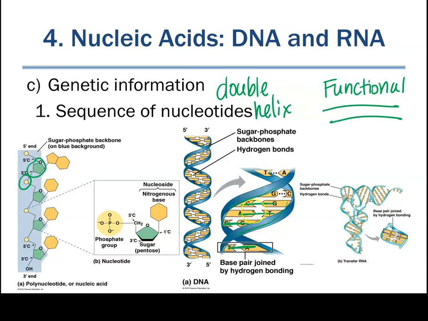So the nucleotides kind of make the rungs of a ladder. And then we've got this double phosphate backbone that forms a twisted helix shape. Now, we'll talk about the shape a little bit more when we get to chapter 13, but that shape and those sequences are really important for DNA as a coding molecule.